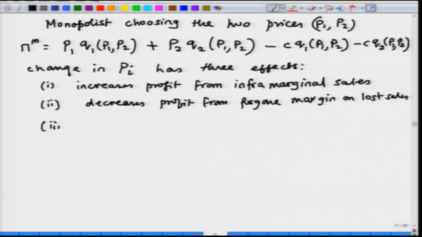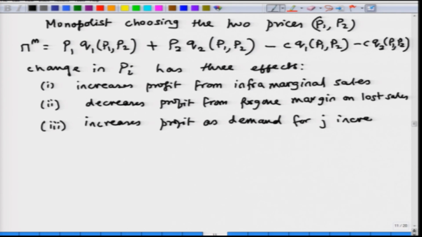And the third part is that an increase in Pi will boost the demand for good j and thereby increase profit, as demand for j increases, right.